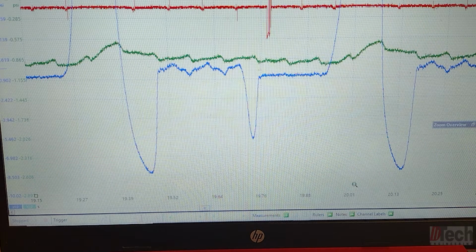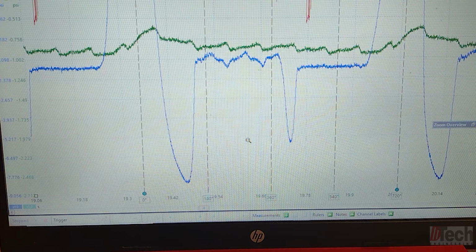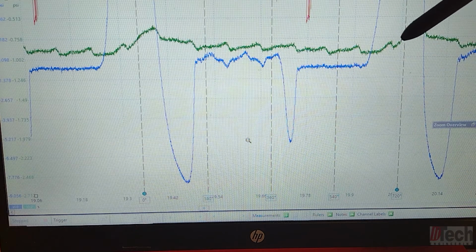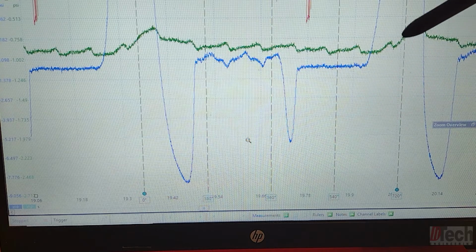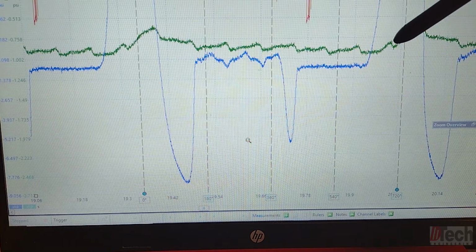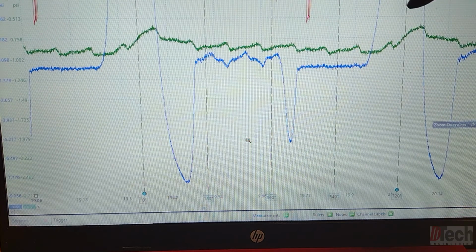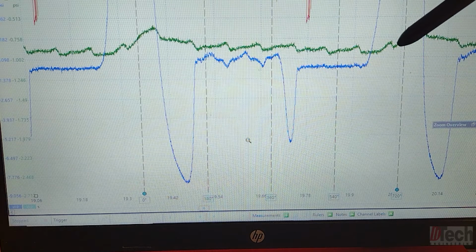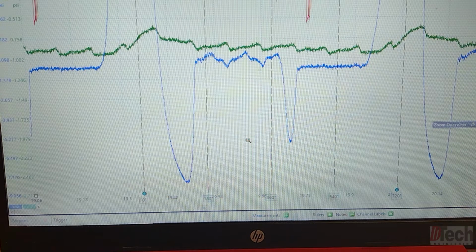If we look here at the bottom side, you can see that the pressure in the intake manifold when cylinder 8 was on compression still took a little bit of time for it to fully engulf into the intake manifold in order for it to start changing the direction of pressure going on in the intake manifold.